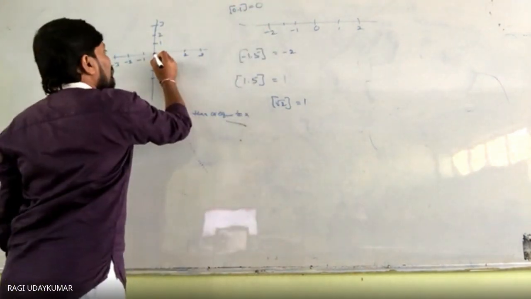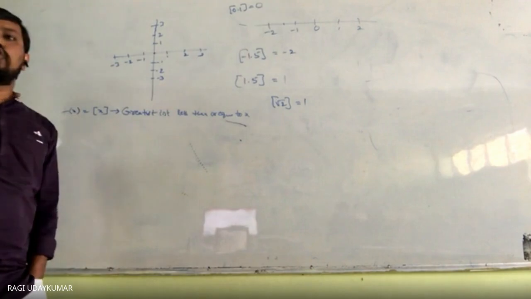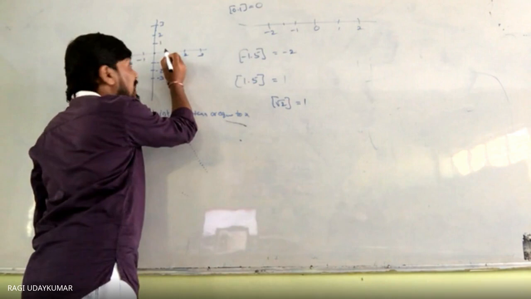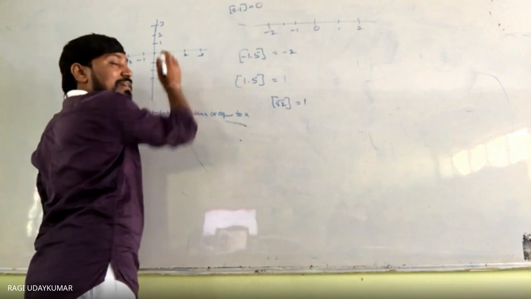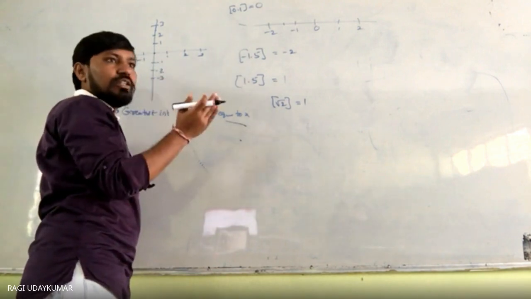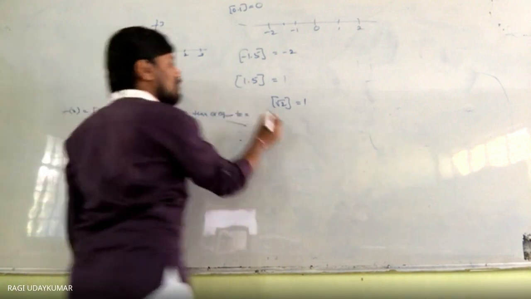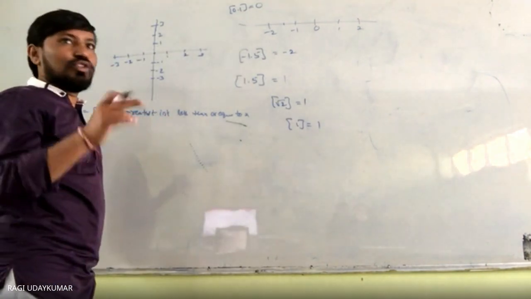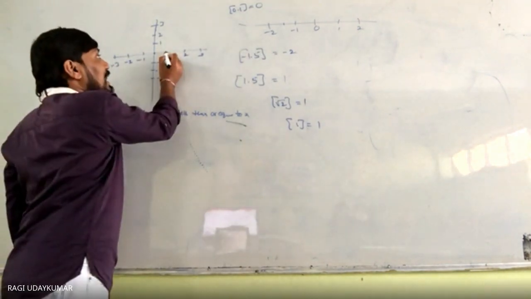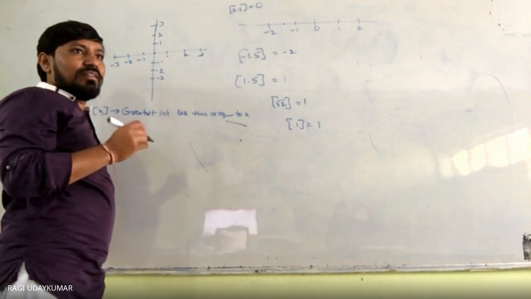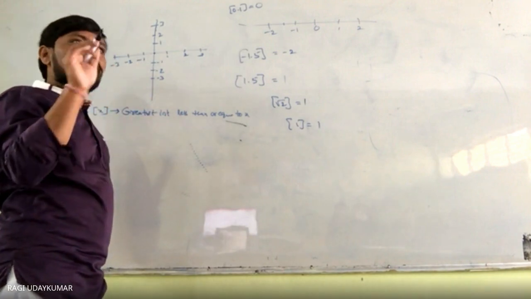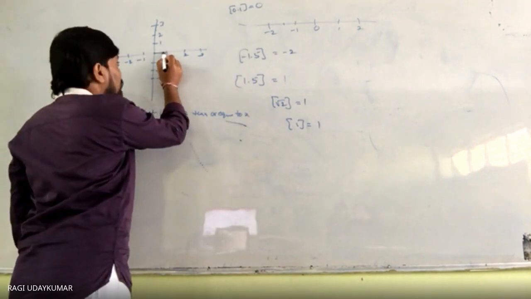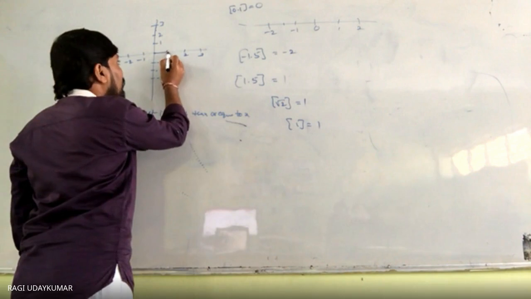So it is going to have 0 at the place of 0, and till 1 it is 0 only, but not equal to 1. 1 gives 1, not 0. Take 0.999999, the greatest integer is 0. So from here to here it is 0 only. That's why you get a graph like this, and here you get a circle.